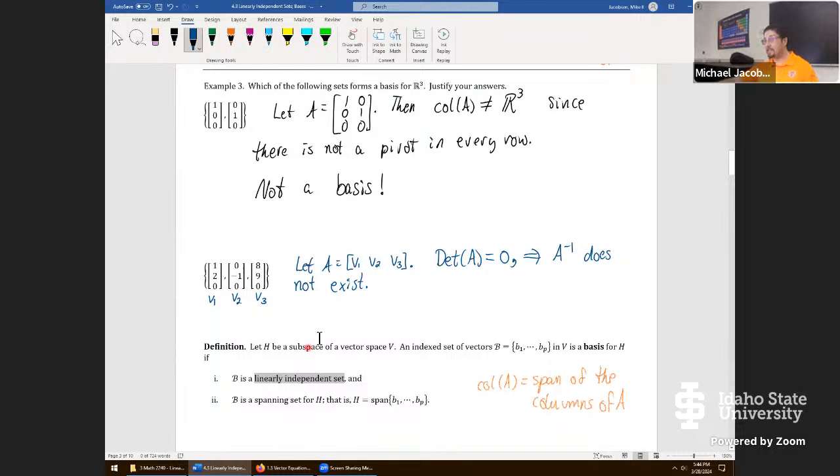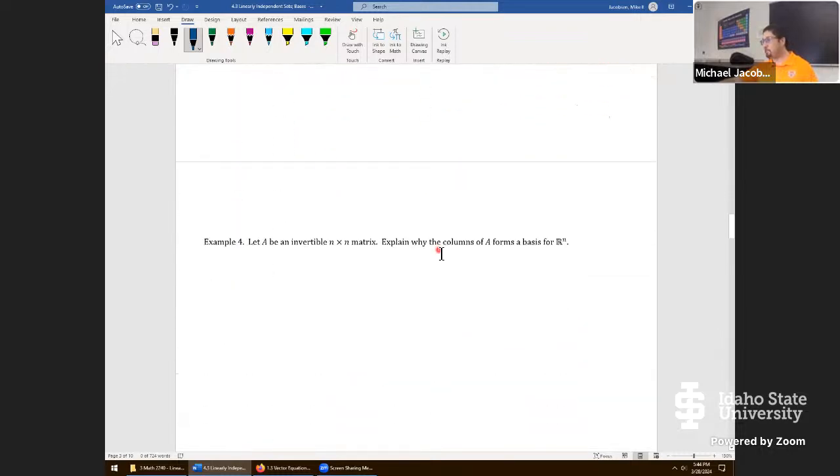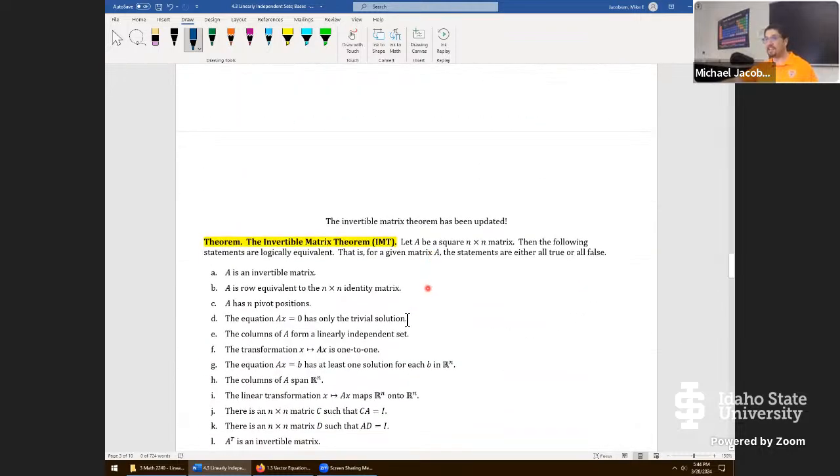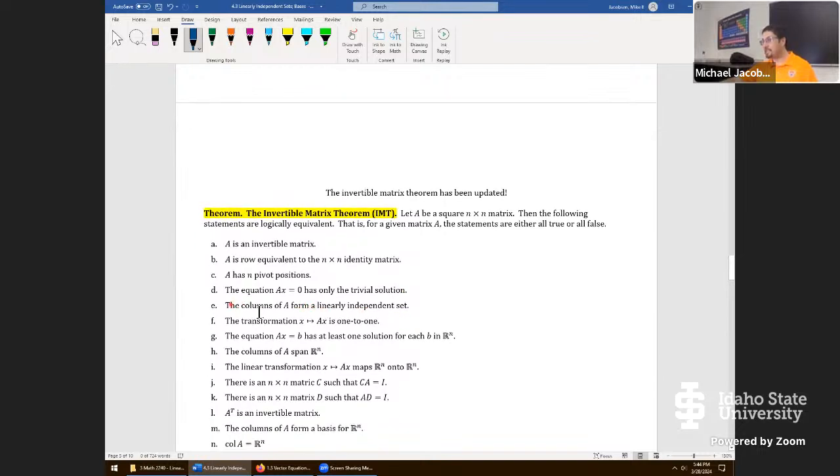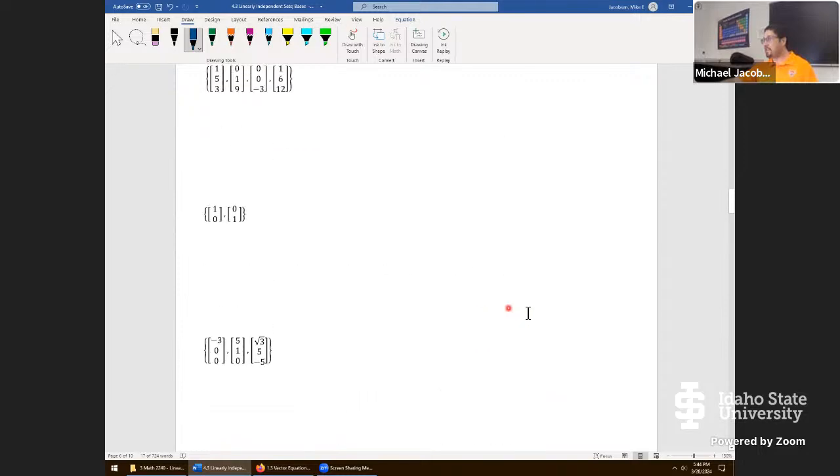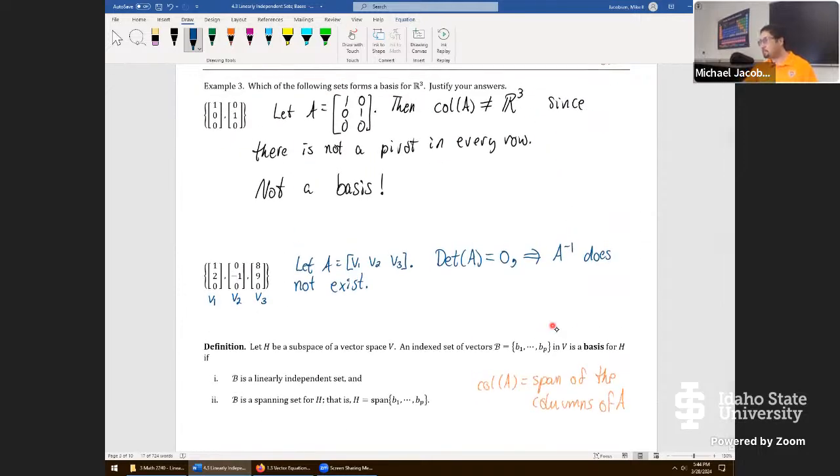If A inverse doesn't exist, then back down here, the invertible matrix theorem tells us lots and lots of stuff, but in particular, it says the columns do not form a linearly independent set, and it says the columns do not span Rn. But just one of these failing means it's not a basis already, and both fail for this problem. So coming back up, we can say by the invertible matrix theorem, let's just go with, say, independence.